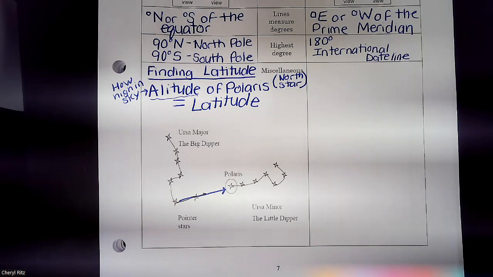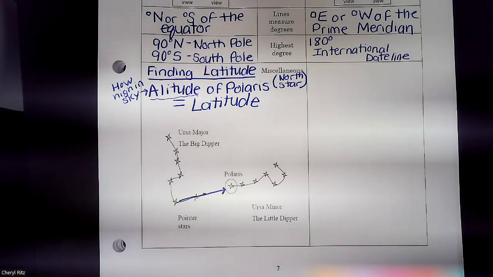Well, you can't see because I'm behind the desk, but my arm is making a 90-degree angle with the floor. Arm, floor, straight out. I mean, it's down there, but I can't point it both at the same time. That means your latitude is 90 degrees. So if the North Star is directly overhead, it makes a 90-degree angle.